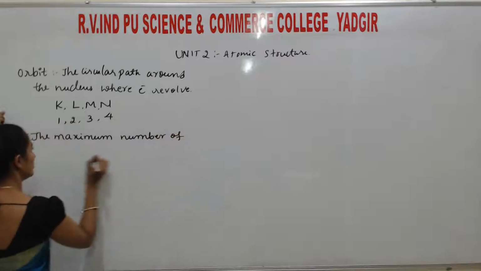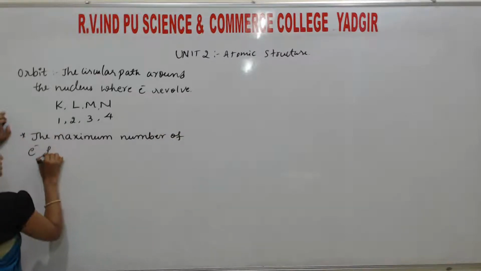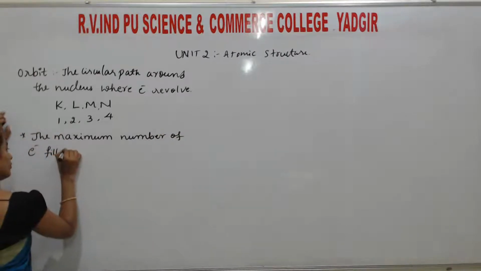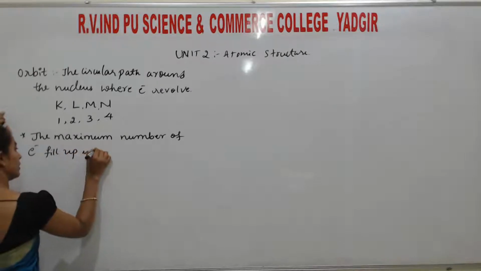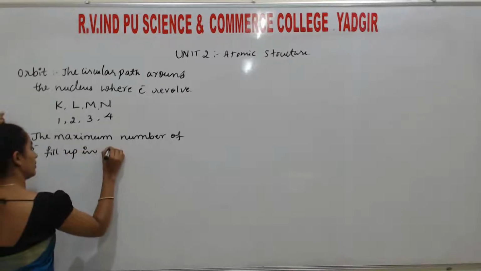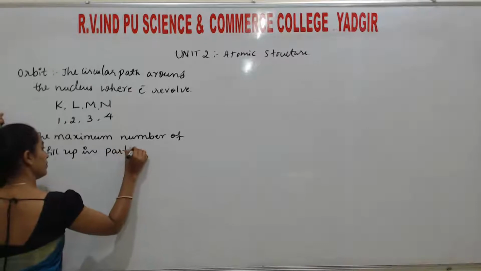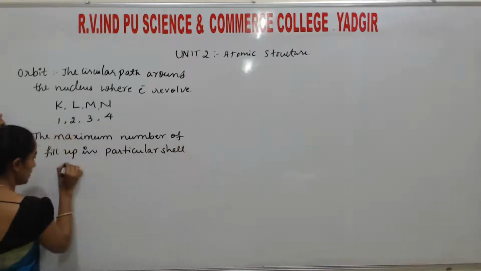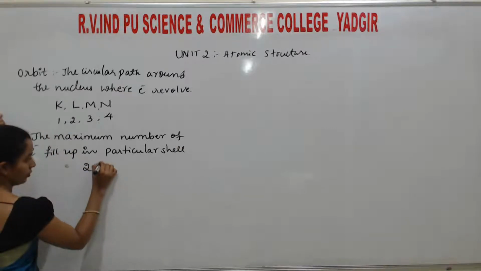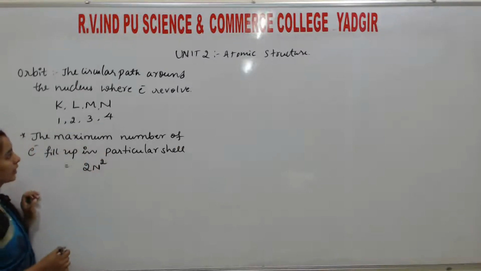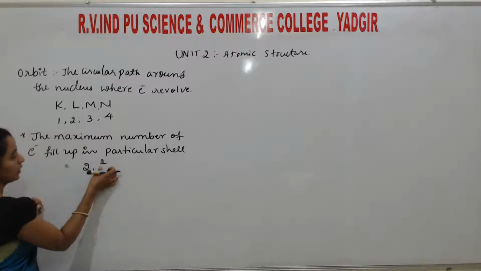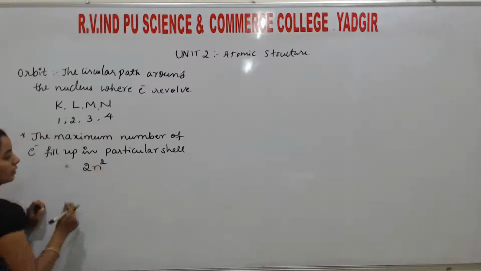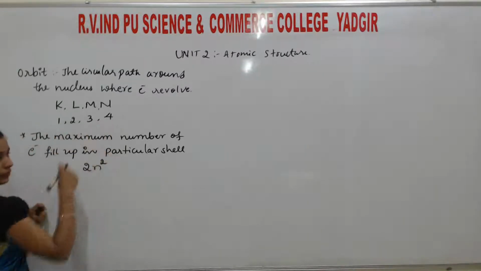Another one, students: the maximum number of electrons to fill up in a particular shell is equal to how much? 2n square. N is nothing but the values 1, 2, 3, 4.